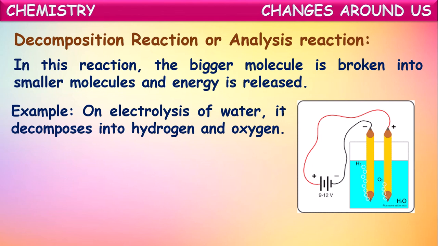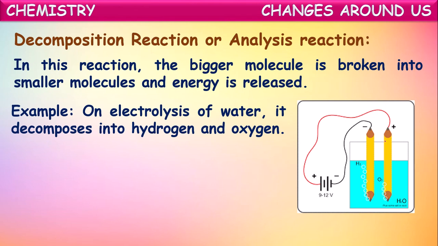To that we introduce two electrodes, meaning the rods which pass electricity through them, and they are connected to an energy source. Now when electricity is passed through this water, one more point, this water will be added with a small quantity of acid or some salt, isn't it? That we call acidulated water.